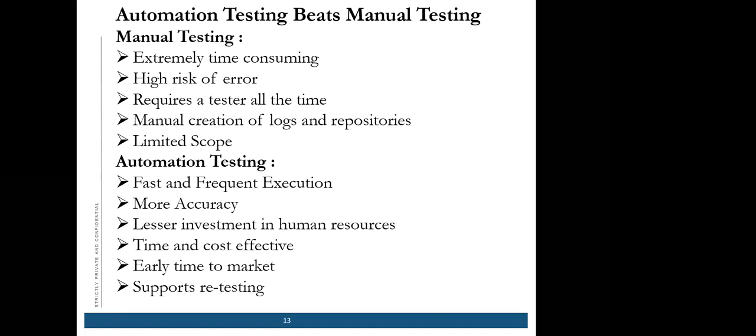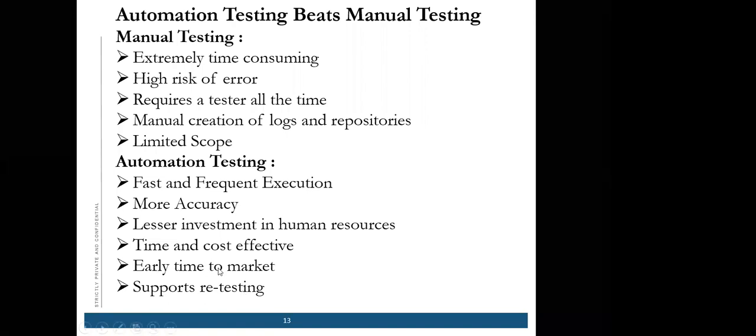Automation test cases can be executed automatically, and it is more accurate, and it has less investment in human resources, and it also saves your time. It is very cost effective also, because Selenium is open source, it's available free, so that way it is cost effective also.